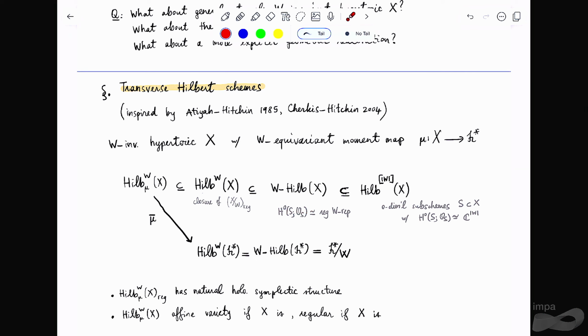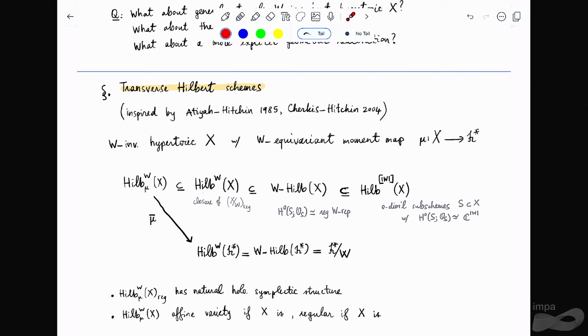Another way to say it is that the Weyl group is acting on this Hilbert scheme, and you're looking at the fixed locus for this W action. This is good, but in principle it could still be reducible, could have multiple irreducible components.